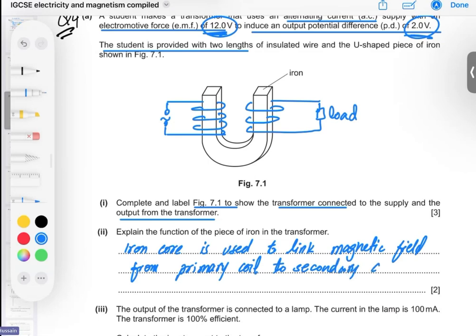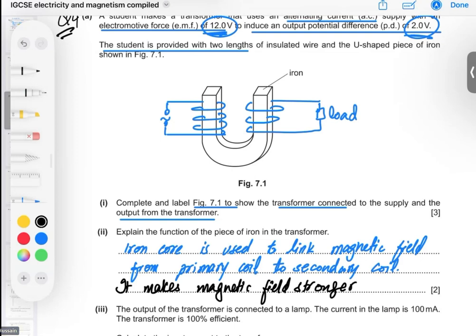And then the next point that you should mention is it makes the magnetic field stronger. This would score you 2 marks.